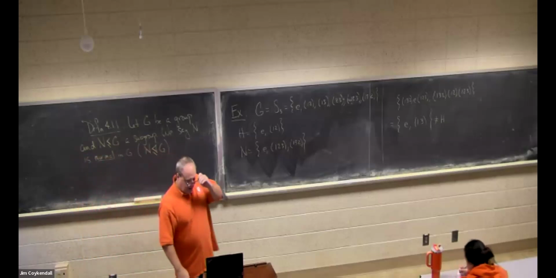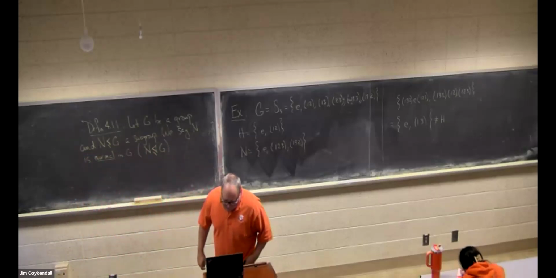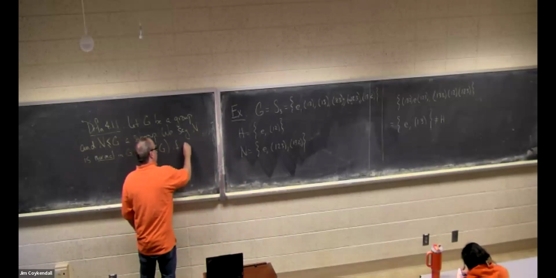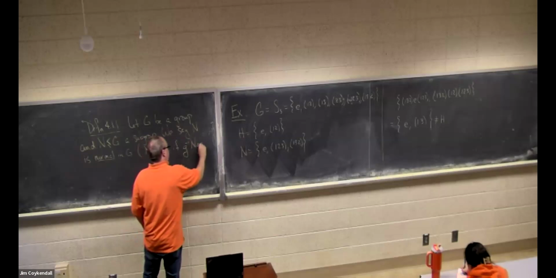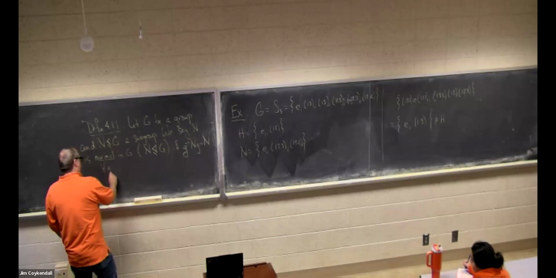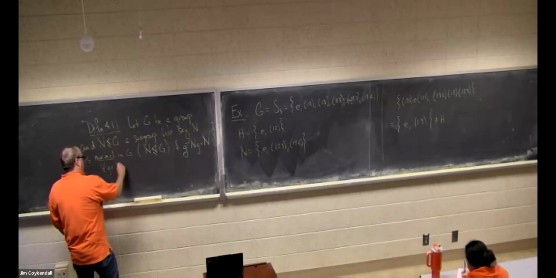N is normal in G if g n g inverse is in N, and this has to hold for all g in G and n in N.